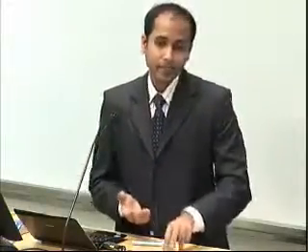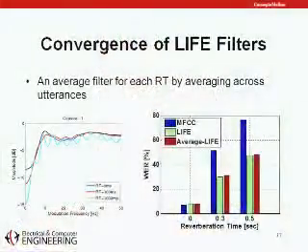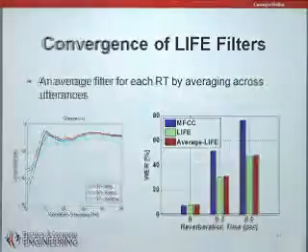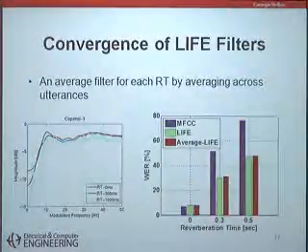To test this specifically, I took 20 different utterances and took an average of the filters from those 20 utterances. Then I applied that single average filter to all the rest of the utterances. Here is an example of the average room impulse response for a particular condition, and here are the results.